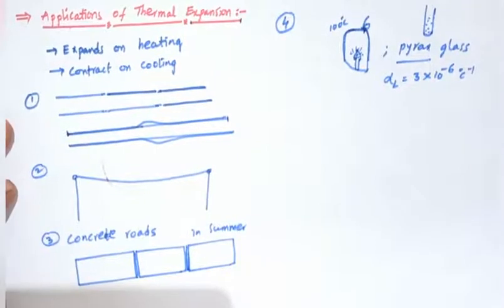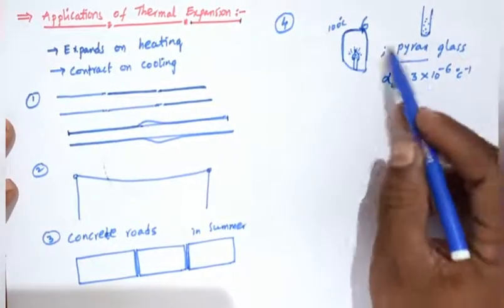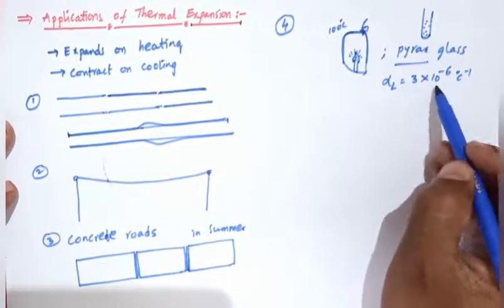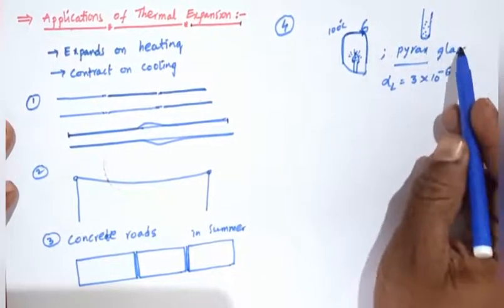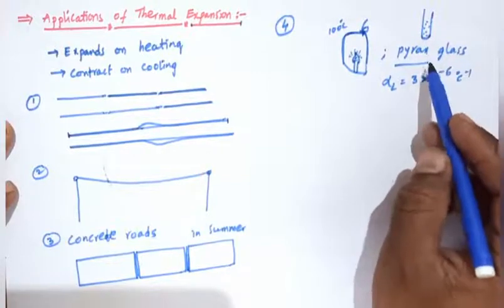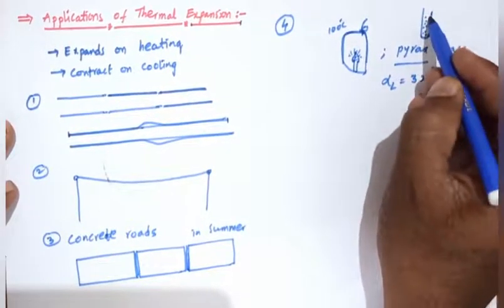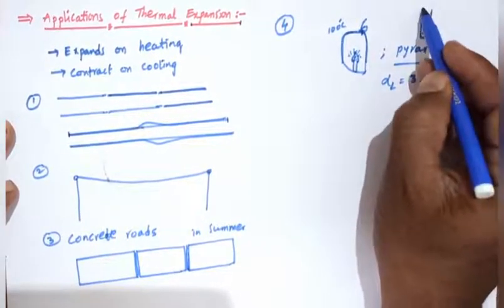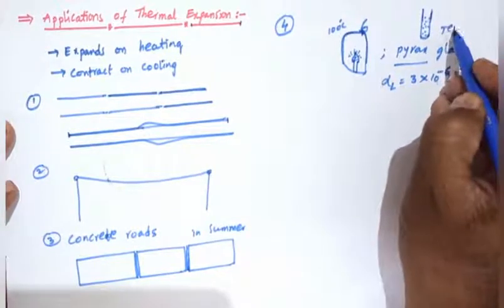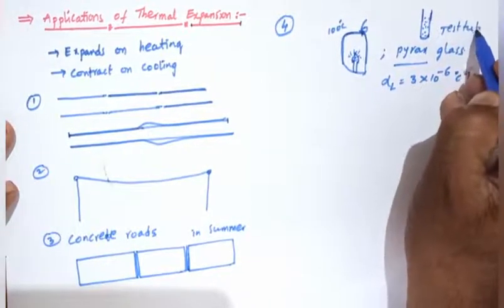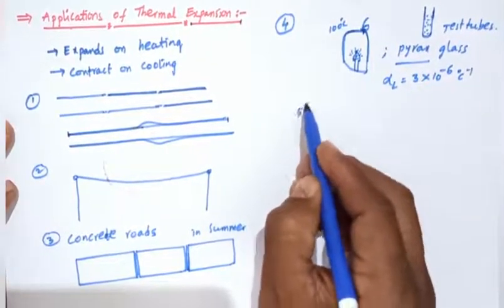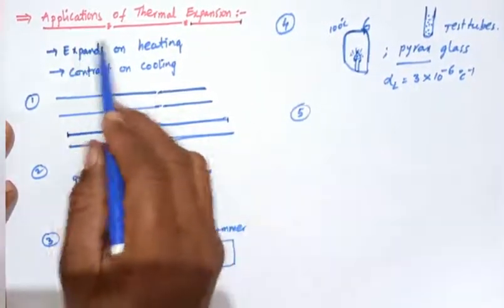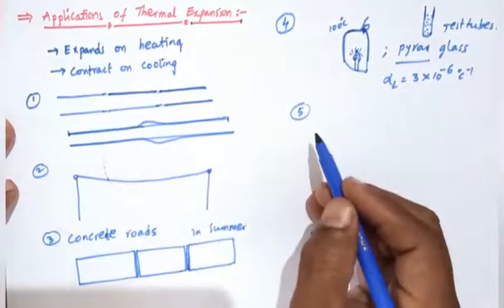Quartz glass is 0.5 into 10 to the power of minus 6 per degree Celsius. So Pyrex or quartz glass is used to make test tubes, so they do not break.